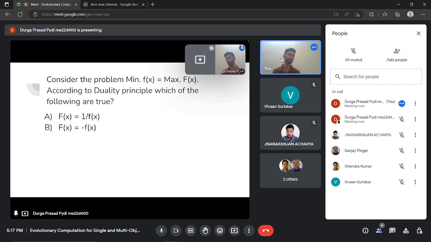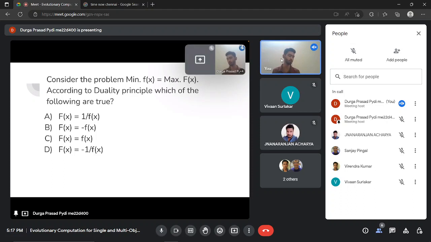The other option is to essentially put a negative over it. So minimizing small f of x is equivalent to maximizing capital F of x, where capital F of x is minus f of x. The one which is usually used in practice is the second option. The reason we do not use 1 by f of x is that the division operator is much costlier than the negation operator, and there are cases where small f of x might go to 0, and the precision might not be good.